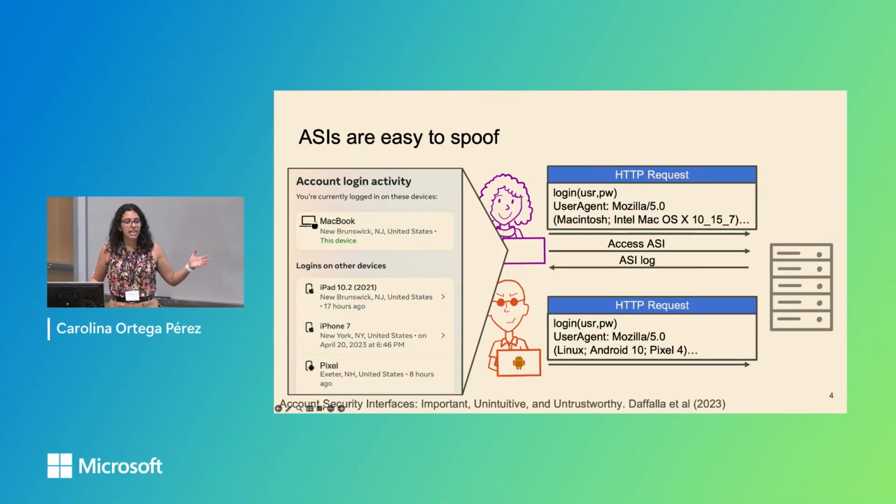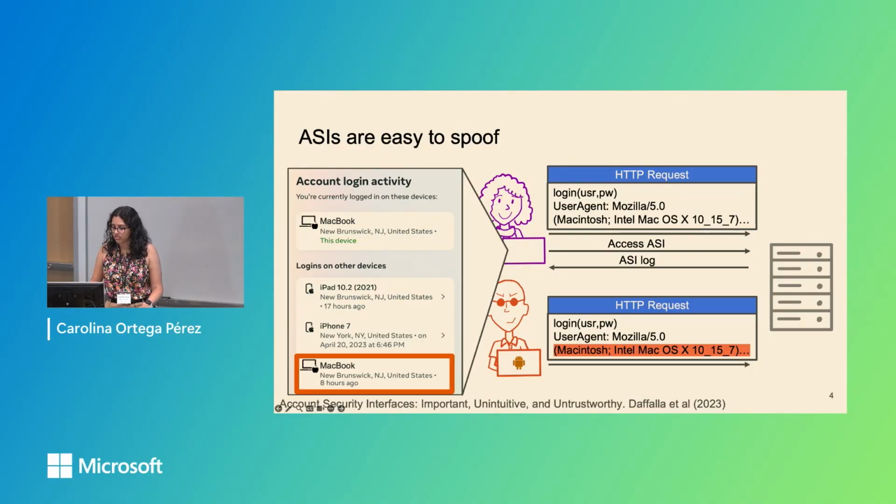But the string, the user agent, is actually very easy to change. Using, for example, in-browser developer tools, that's a couple of clicks. You can just tamper with the string. And the abuser can change the user agent to, for example, match one of the user's devices. Recall that it knows the survivor's phone model, so you can just modify it to that.